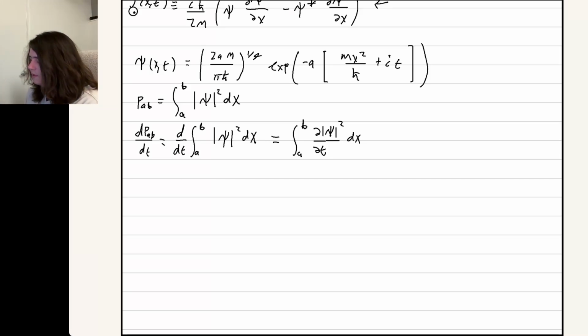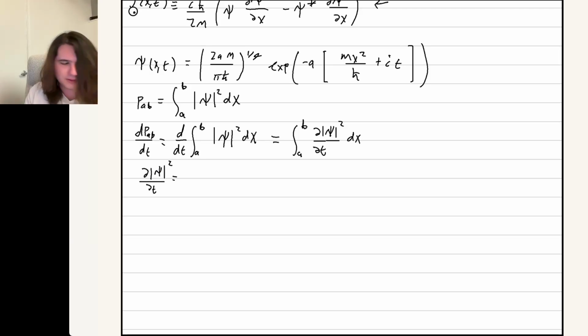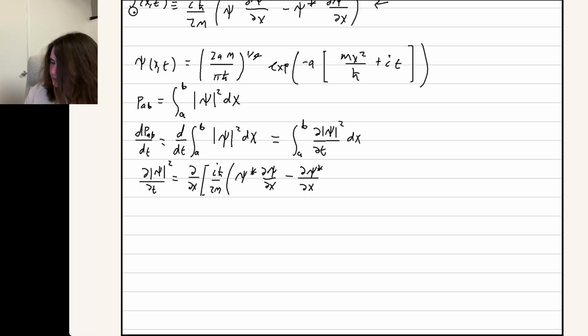Now we have the partial derivative with respect to time of the square modulus over position, and this is an interesting formula from Griffiths. That quantity is given by this relation: ∂|ψ|²/∂t is equal to the partial derivative with respect to x of (iħ/2m)(ψ* ∂ψ/∂x minus ∂ψ*/∂x ψ).